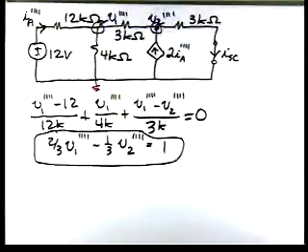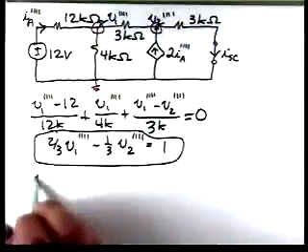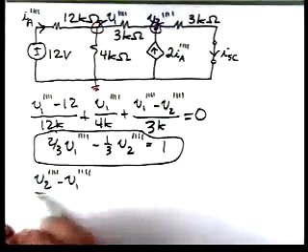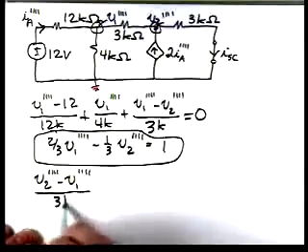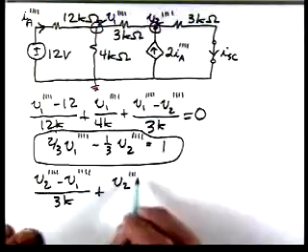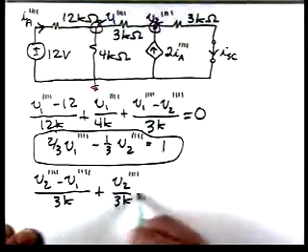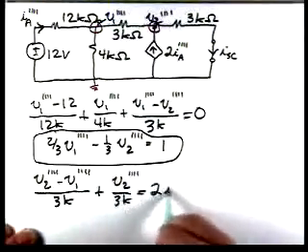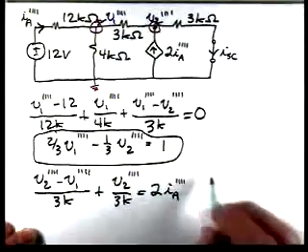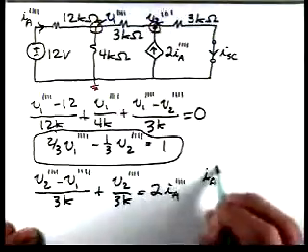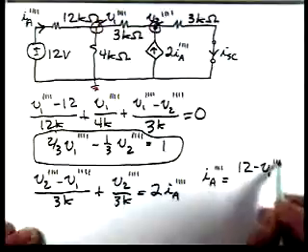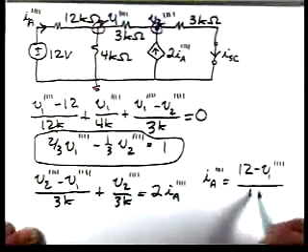At the right node, we'll get V2 minus V1 over 3K, then we'll have V2 over 3K is equal to 2IA quadruple prime. And again, from the circuit, IA quadruple prime is 12 minus V1 quadruple prime over 12K.